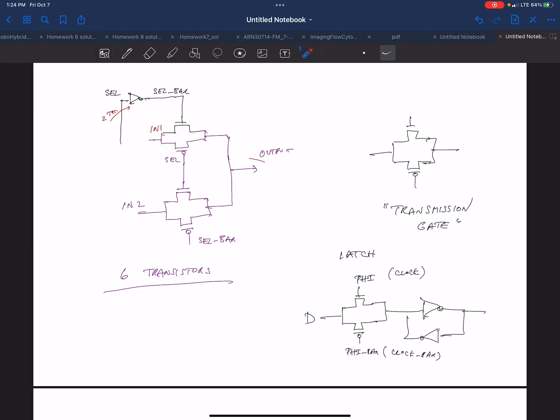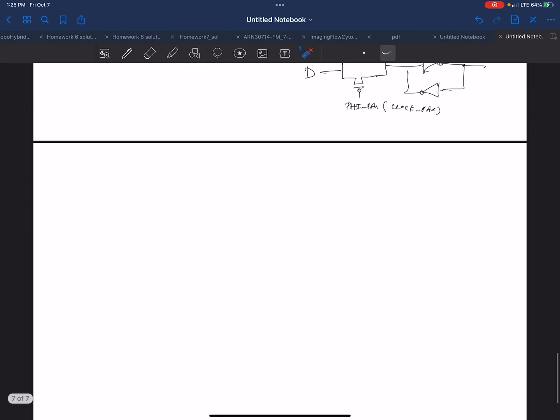So the transmission gate does not follow those things, but it's used for a specific purpose, okay? The second circuit that does not follow the rules is a high impedance buffer, okay?